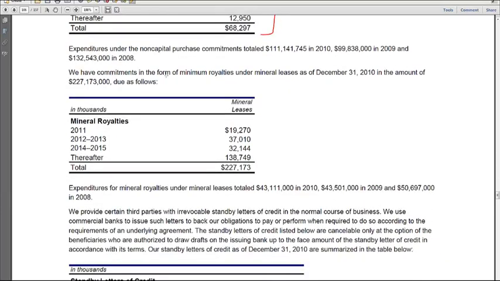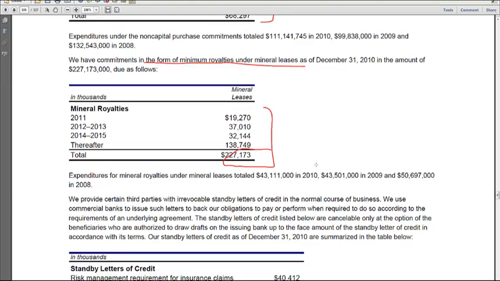They also have commitments to pay out under royalties for mineral leases, which are about 227 million. Again, this is not a liability now because there's been no obligation or transaction that's been triggered yet. But in the normal course of business, Vulcan will have to pay out approximately 227 million over the next few years under these mineral leases.